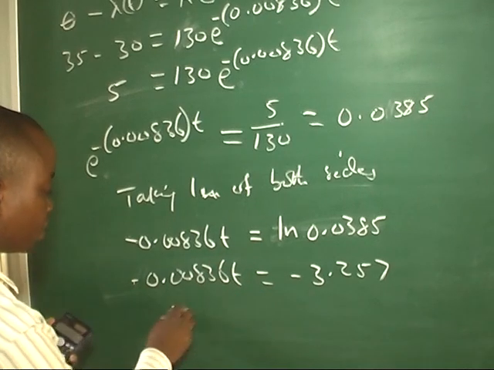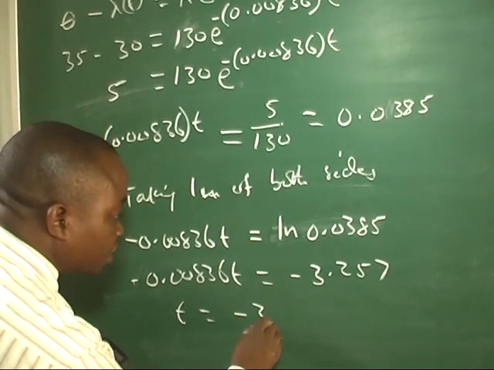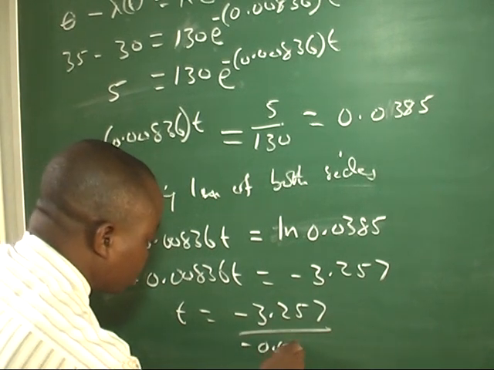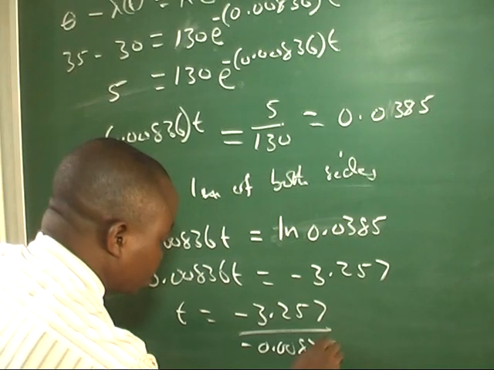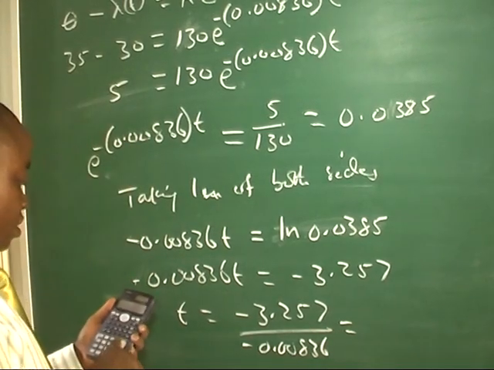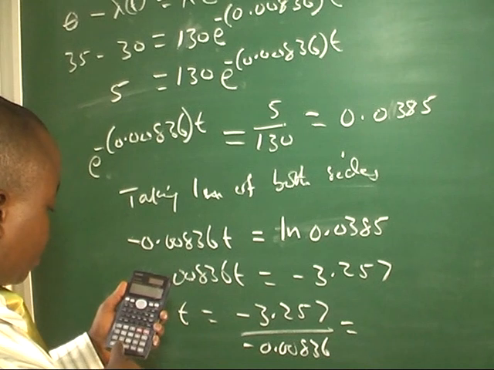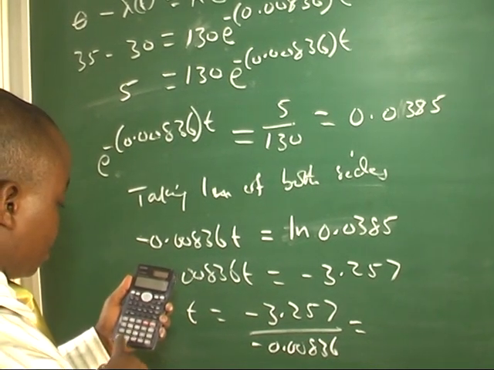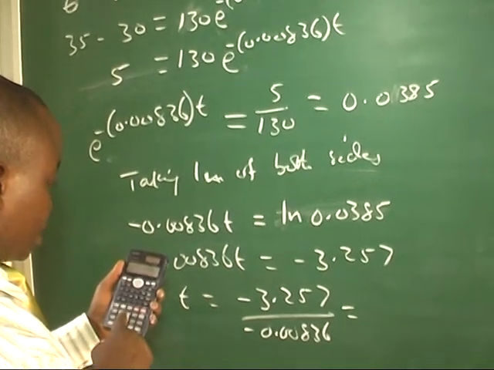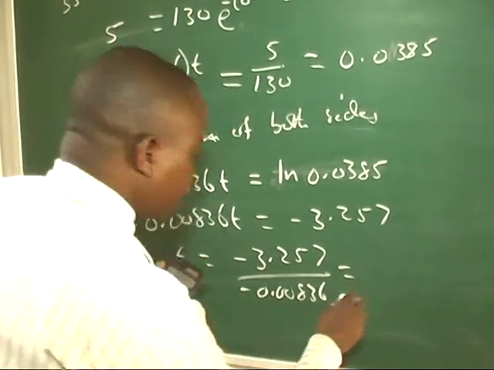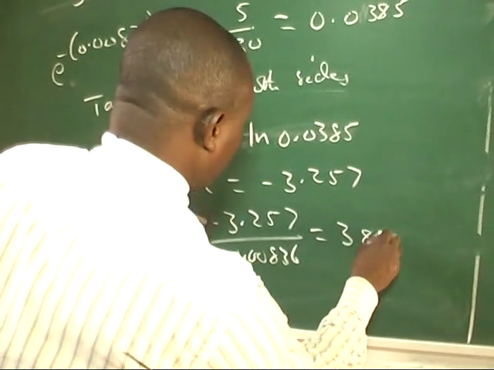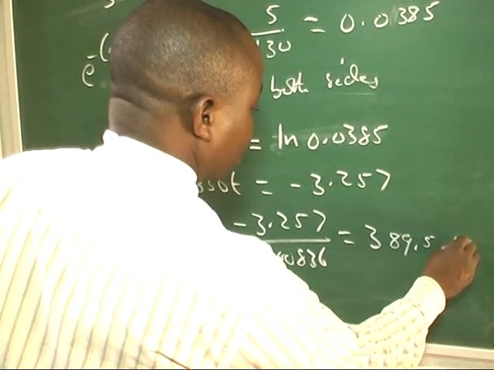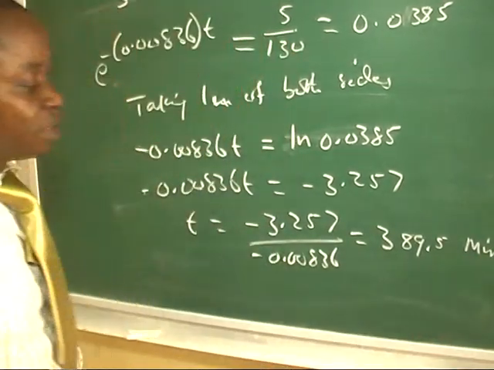So minus 0.00836 t is equal to this, so that t will be minus 3.257 all over minus 0.00836. Of course, if I do that, 3.257 divided by 0.00836 gives me 389.5 minutes, because we were calculating in minutes.